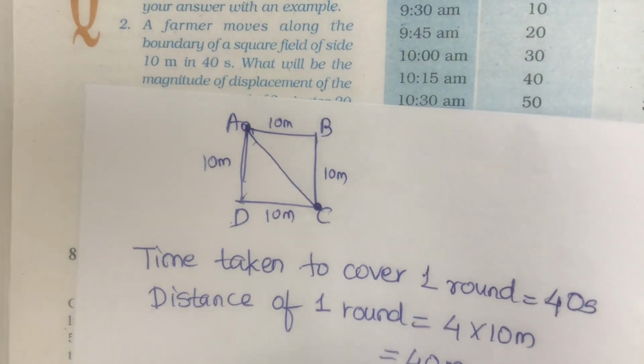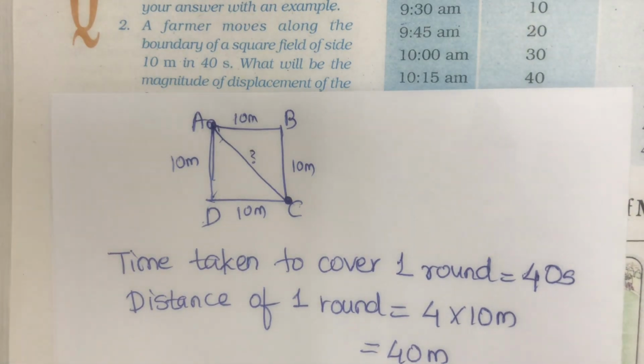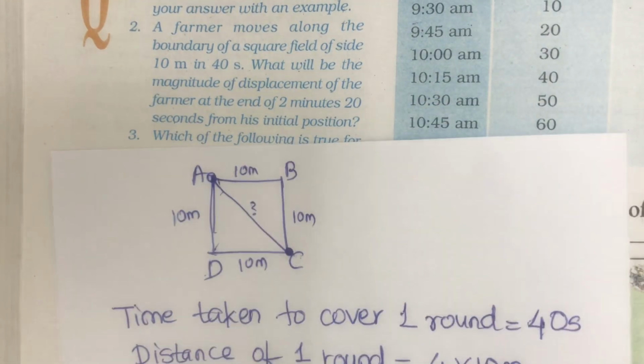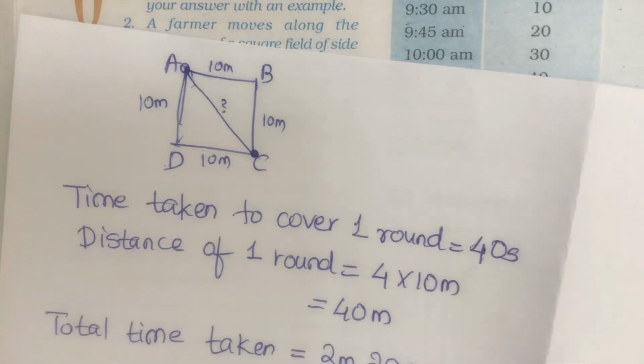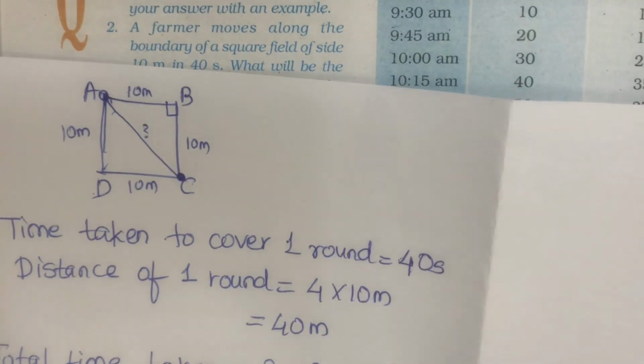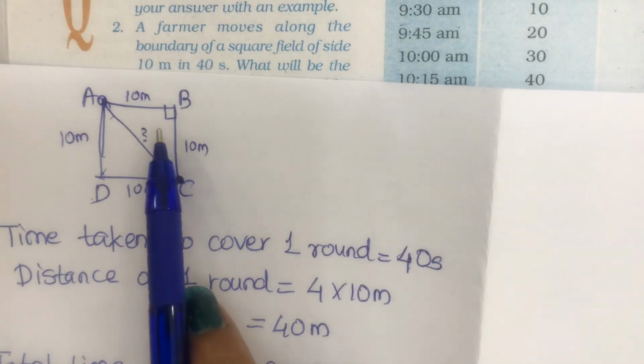AC. So now we have to find AC. How will we find AC? I'll write it here again. To find AC, you know that this is a square field, no? So the square field has a right triangle.